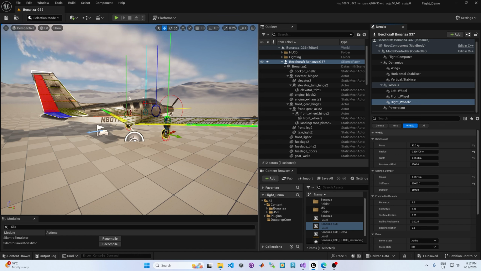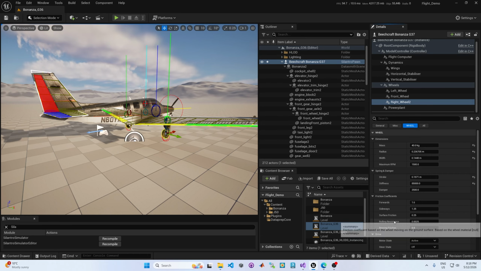You can extend this by, say, shooting a raycast from the bottom of the wheel and determining what physics material the wheel is currently on and how much friction we want to apply as a function of that surface. Different kinds of surfaces have different friction values.